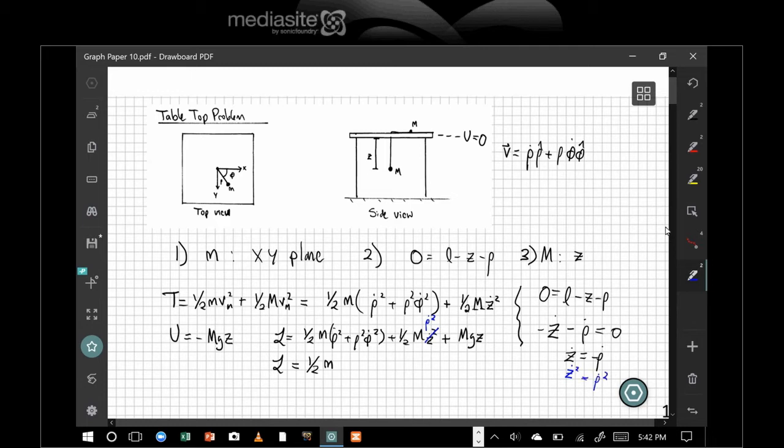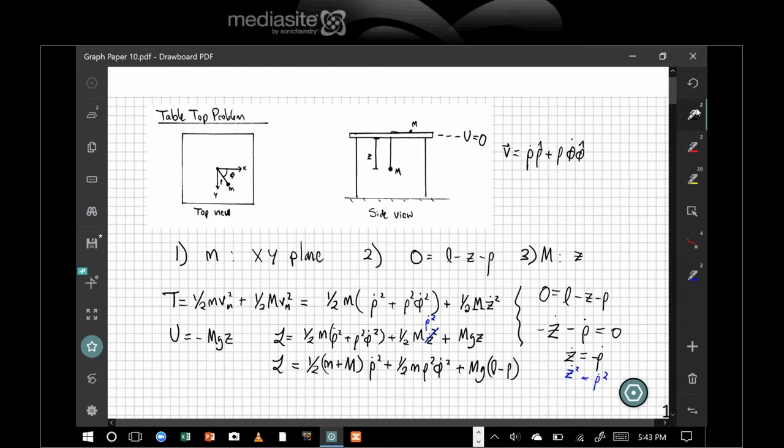So that gives me little m plus big M, times rho dot squared. Then I'm going to have 1/2 m rho squared phi dot squared, and then mg, and instead of z, I'm going to put L minus rho, because I don't want z's, so I'm using the equation of constraint there. Again, I'm using the equation of constraint to get rid of z. Okay, so that's my Lagrangian.